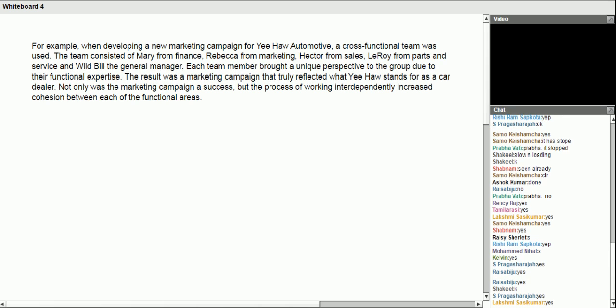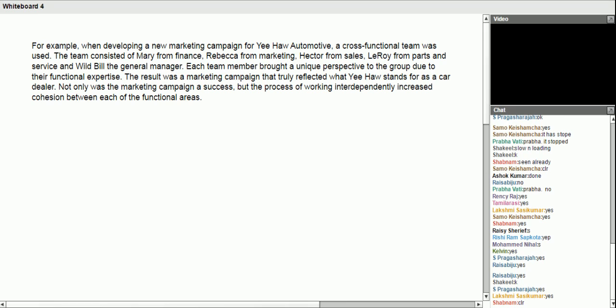Let me give you an example. Let me make you understand the difference between functional and cross-functional teams on the basis of a diagram. Suppose this first one is the functional team, functional team A. It is going to have a team leader, and members with names, suppose AA, BB, CC, and DD, and all of them are from finance.